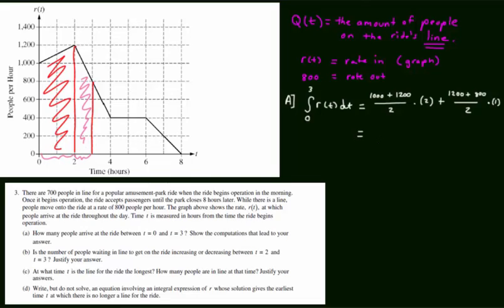This is a calculator question, but I don't think you need it for part A, because the first part is going to give me 2200, and then the second trapezoid is going to give me 1000, so that's going to give me 3200. That's 3,200 people entered the ride's line between the hours of 0 and 3.